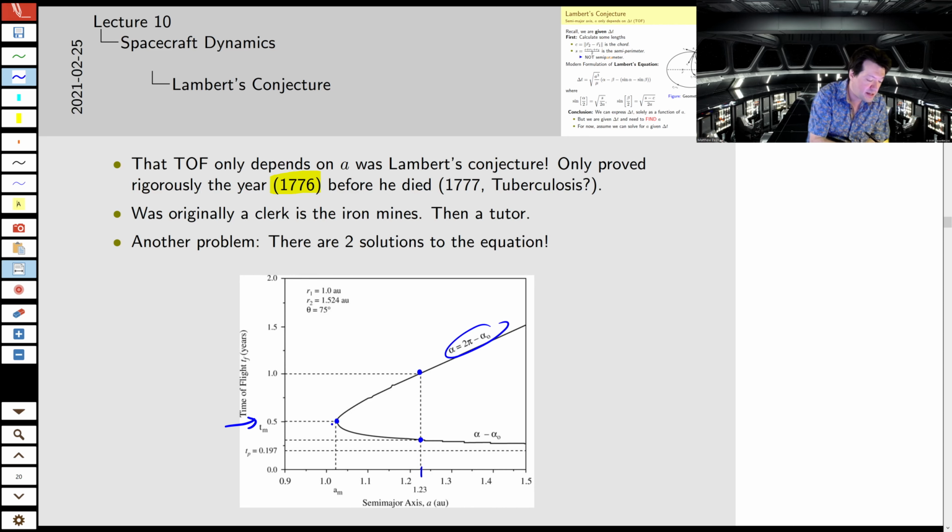But in any case, if we limit ourselves to a particular arc of this plot, then we should be able to, given a t, find ourselves an a. We'll show how to do that using bisection in the next part of this lecture. So just assume at this point that given a delta t, we can find that a. From this plot, you can see, at least on this arc, the solution is unique.